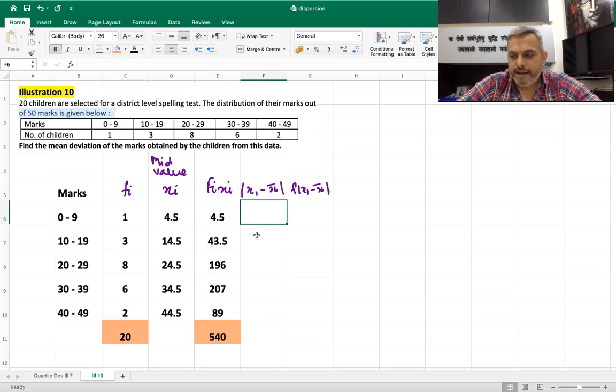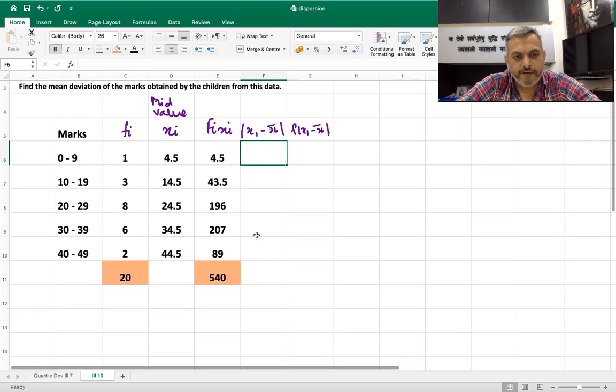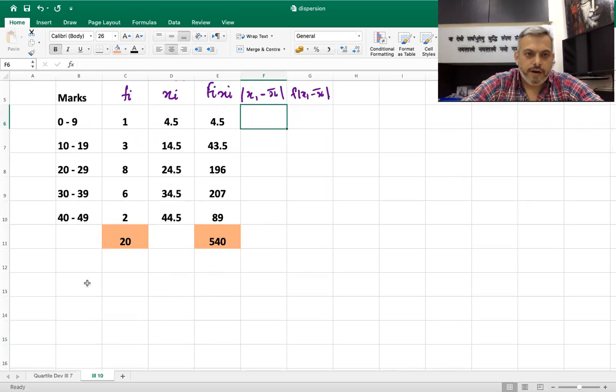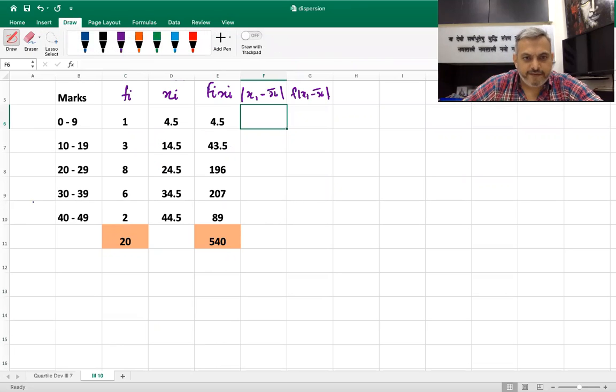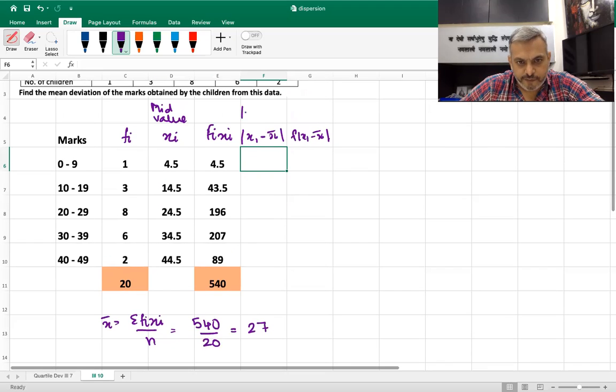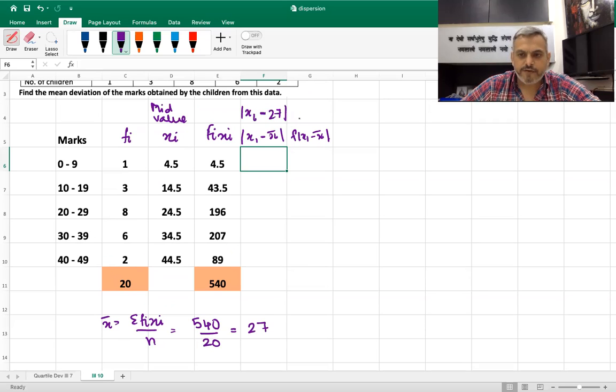Now Xi minus X bar. First we have to find the mean, and I already have Fi Xi. So X bar is equal to sigma Fi Xi upon n, which is 540 upon 20, which is equal to 27. So in Xi minus X bar I will take Xi minus 27, which is the mean.